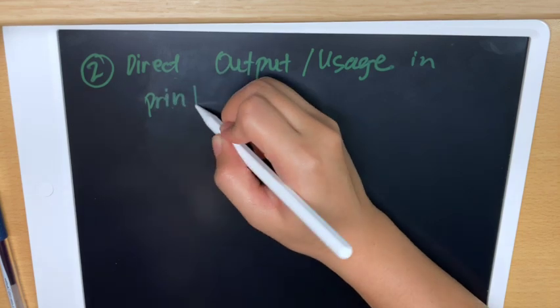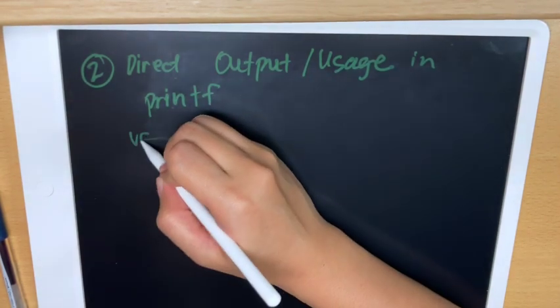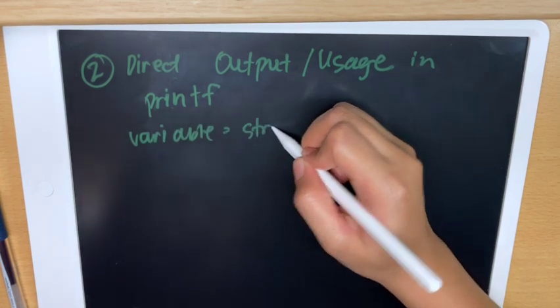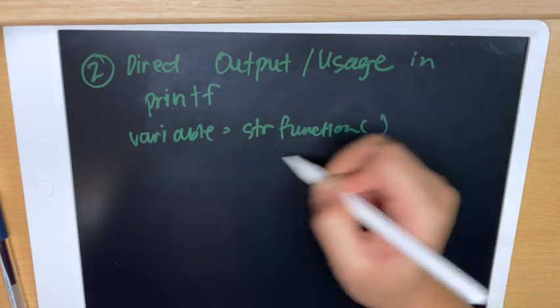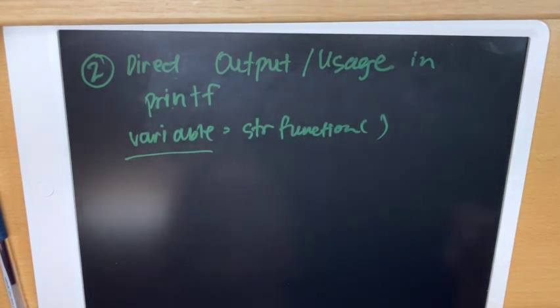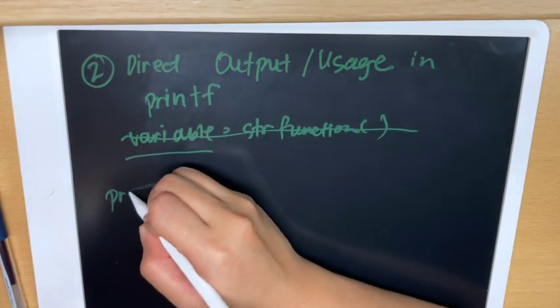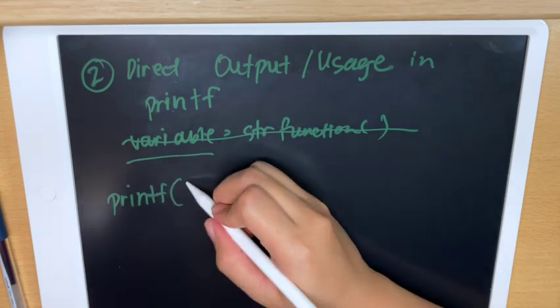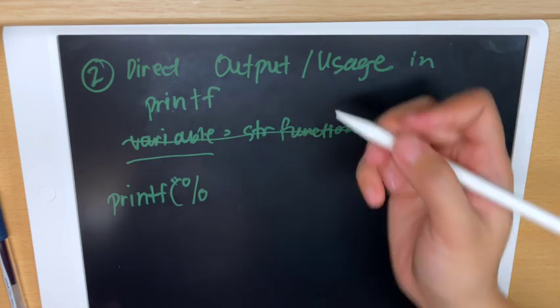Because if you store the return value of the string function in another variable, this will create another space. So instead of doing that, if you have the print function here and you want to see directly what the output would be, it works the same.